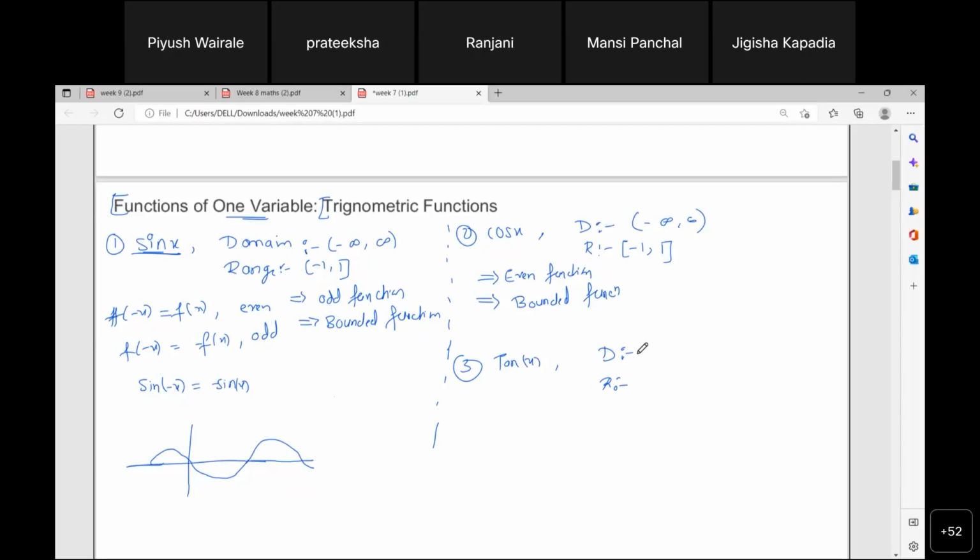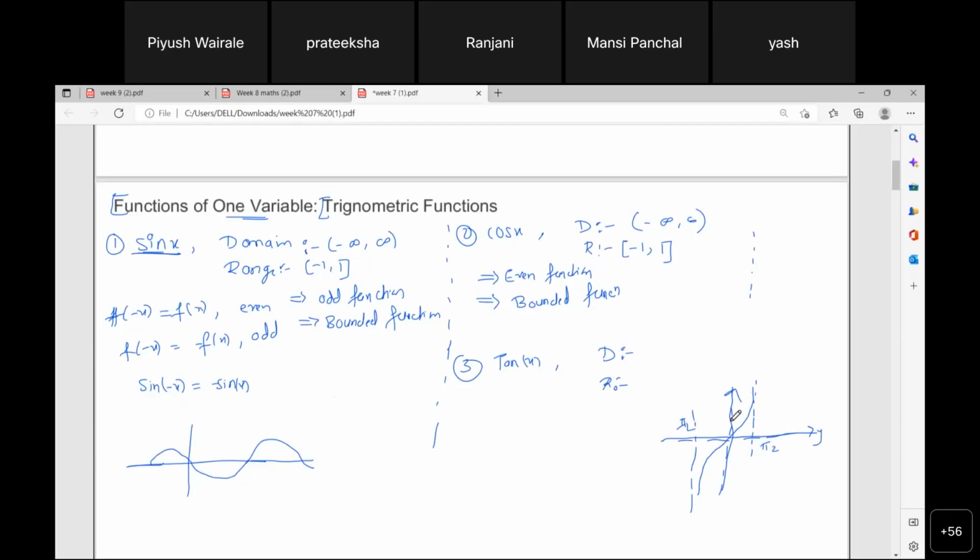This is my x-axis and this is my y-axis, so the graph will look like this, with lines at minus pi by 2 and pi by 2.